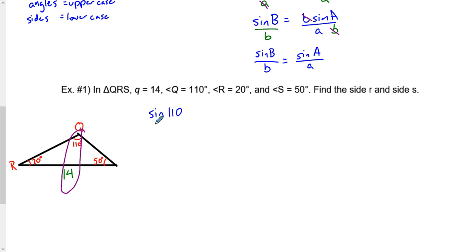So the sine of 110 divided by 14 would equal a sine of, well, it doesn't really matter whether I solve for side R or side S. Alphabetically, I'll solve for R before S. So sine of 20 divided by R. Then we use our cross multiplication.